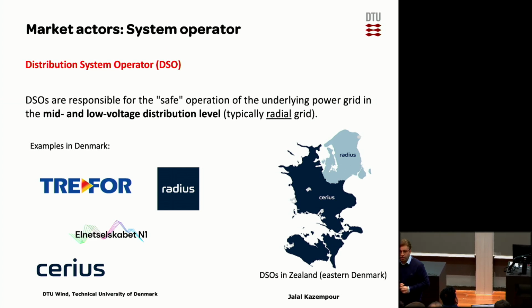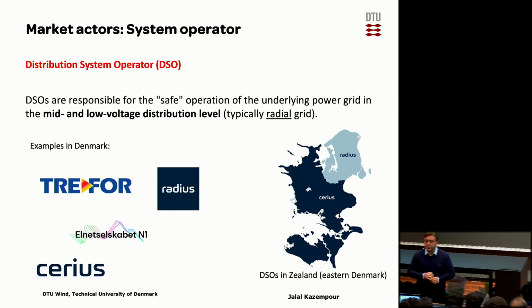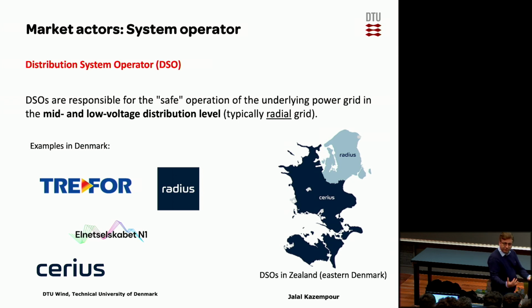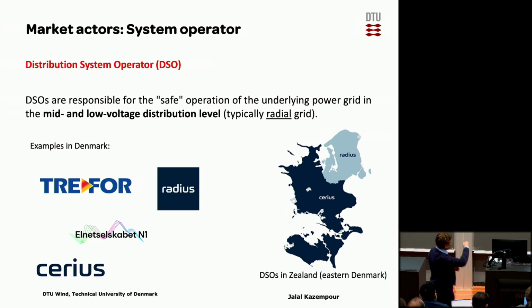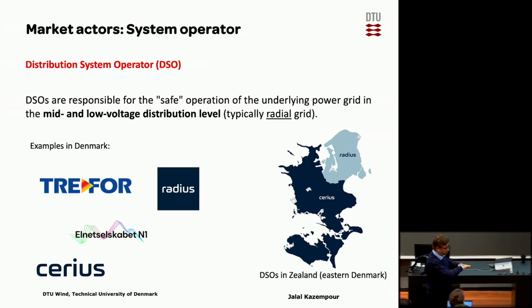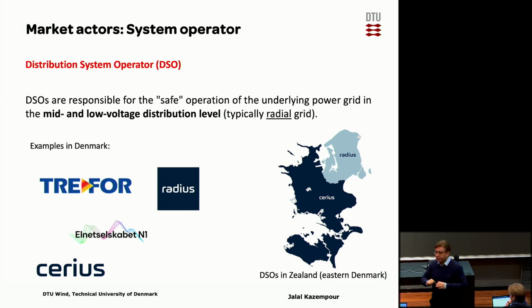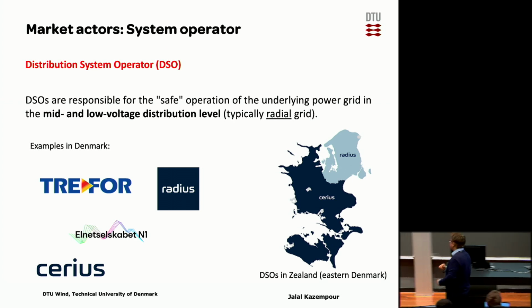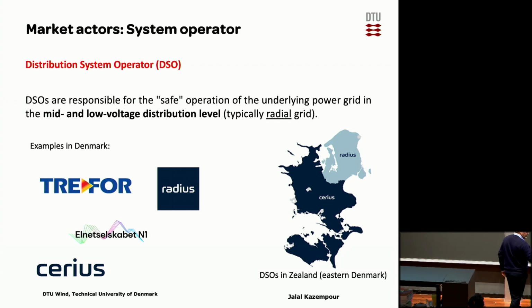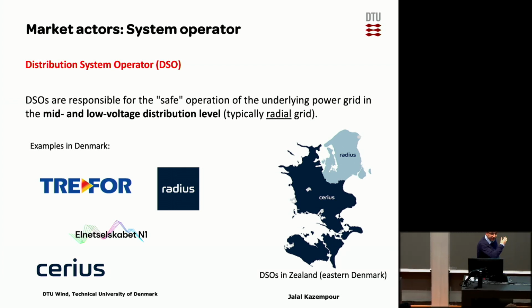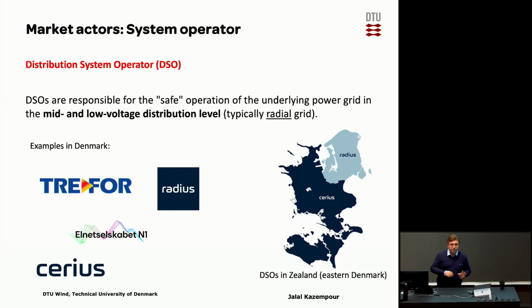For example, in Zealand, the island that we are on now, you can see how the operating areas of Radius and Sirius are separated. All other DSOs in Denmark operate in Jutland.